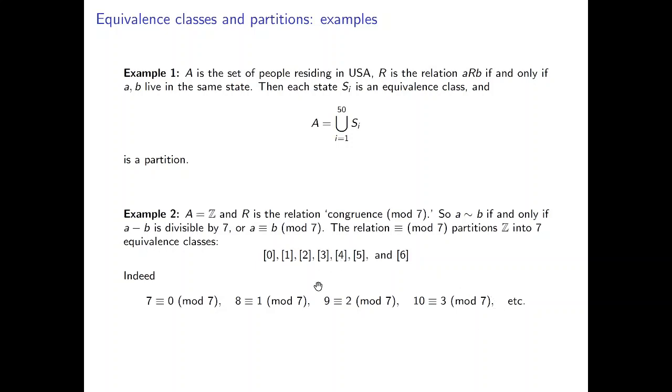Just very briefly, one way to think about how it makes sense to add different equivalence classes is that it's sometimes called clock arithmetic. Let's say I start at 5 and I want to add 3 to 5. Well, I add 1 to get to 6, and then if I add 1 more, I get to 7, which brings me back to 0.